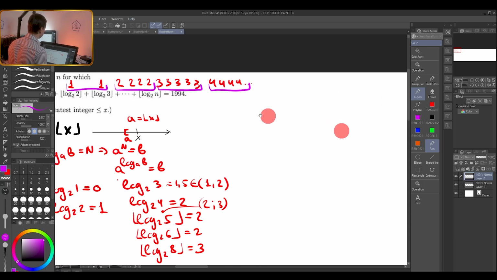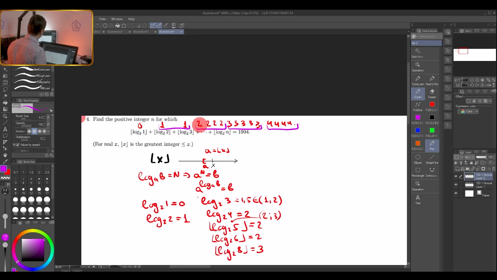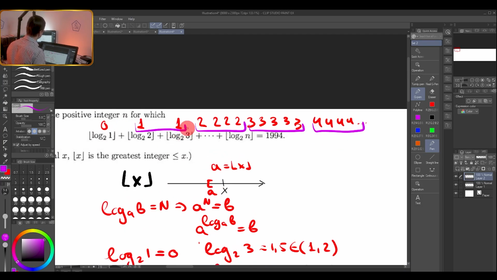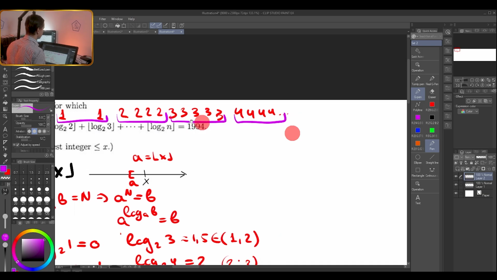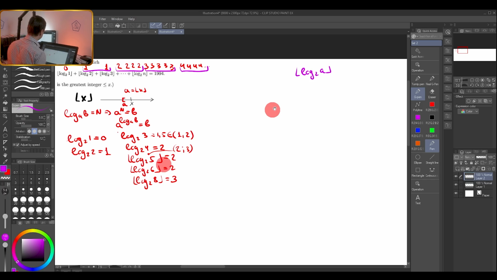So let's look at the general question. As you can see, the general term of the sum we are working with is the floor of log base 2 of a, where a is some natural number. In many of the cases that we solved, everything was related to powers of 2.